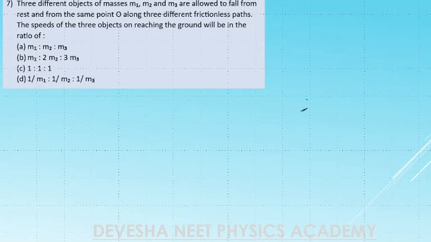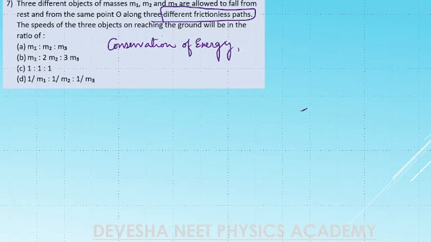One important thing to notice here is that these are all frictionless paths, so please remember that. Now, from conservation of energy, energy changes from one form to the other. In this case, there are three objects which are made to fall from the top to the bottom.